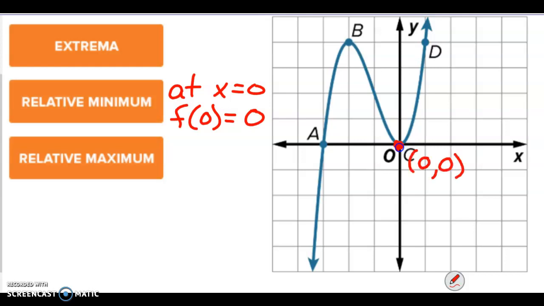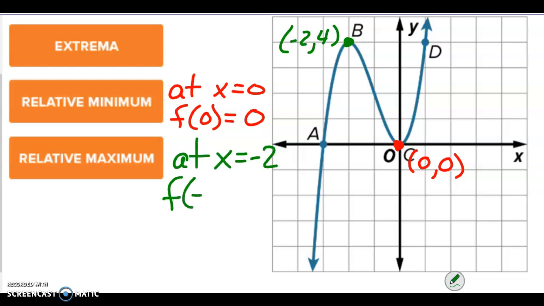So that's your relative minimum. Your relative maximum is up here at the ordered pair (-2, 4). So your relative maximum is at x equals -2, and then f of -2 is that y value of 4.